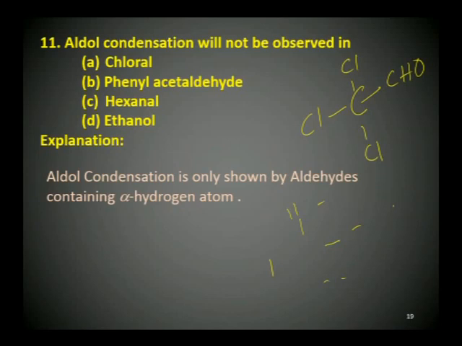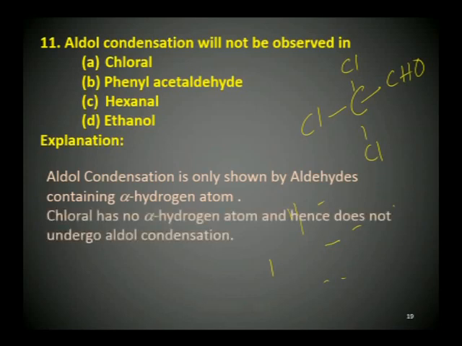So, chloral cannot show aldol condensation. So, not only A, D is also an option which will not show aldol condensation because it is given as ethanol. So, A and D both are the chemicals which will not show aldol condensation. Let us go for the next question.